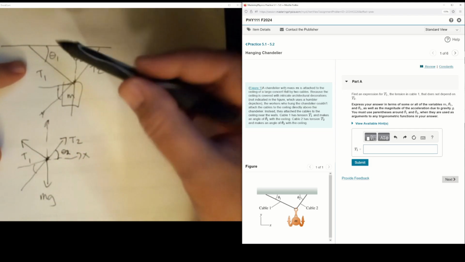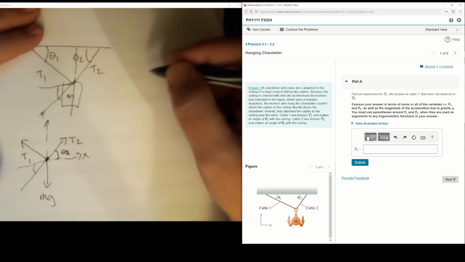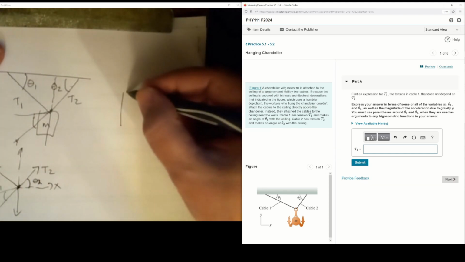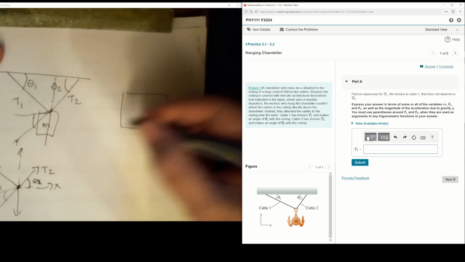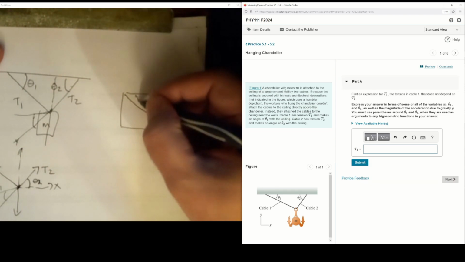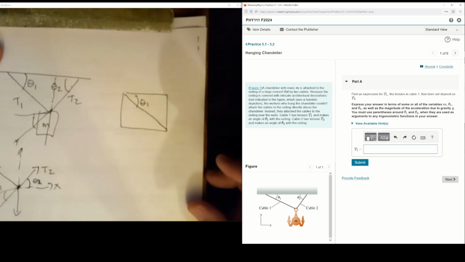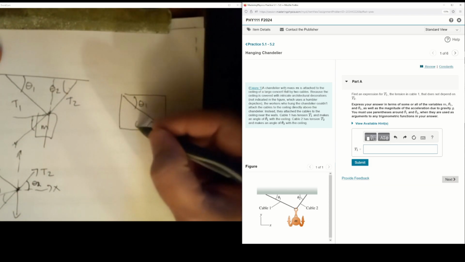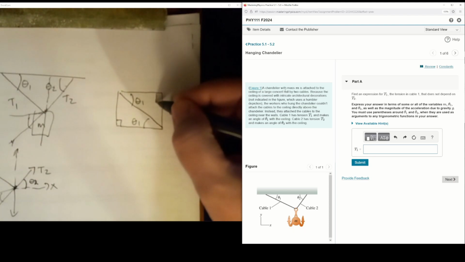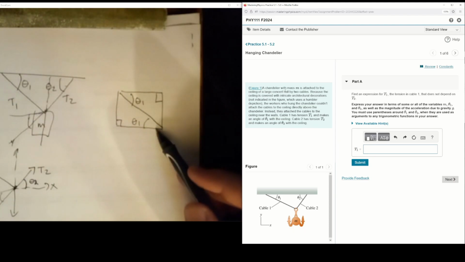If you look at this, let me try to draw a clear picture of this in case you're not quite seeing it. So let me look at angle 1, and I'm just going to draw this as a rectangle. So here it is. Here's the angle they're giving us. They're giving us that angle right there. And that means it's also that angle right there. So that's trig. Here's where the right angles are. And those angles are equal.